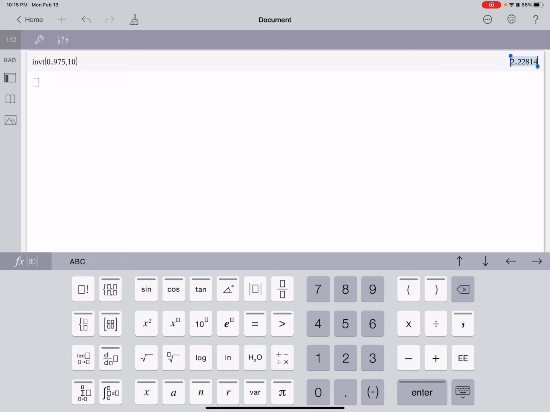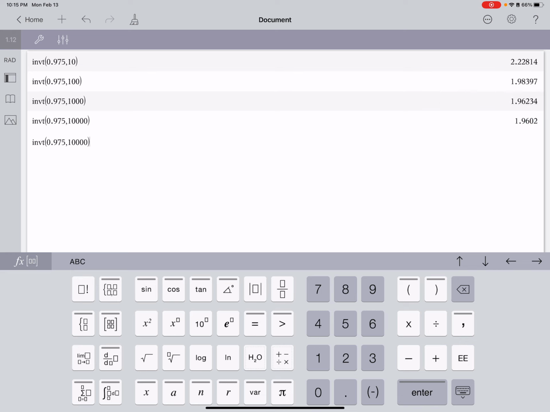Now let's change it to 100. And now let's change it to 1,000. If you notice, as it gets bigger, it gets closer and closer to that 1.96. Keep going, right? I'll keep going to 10,000.